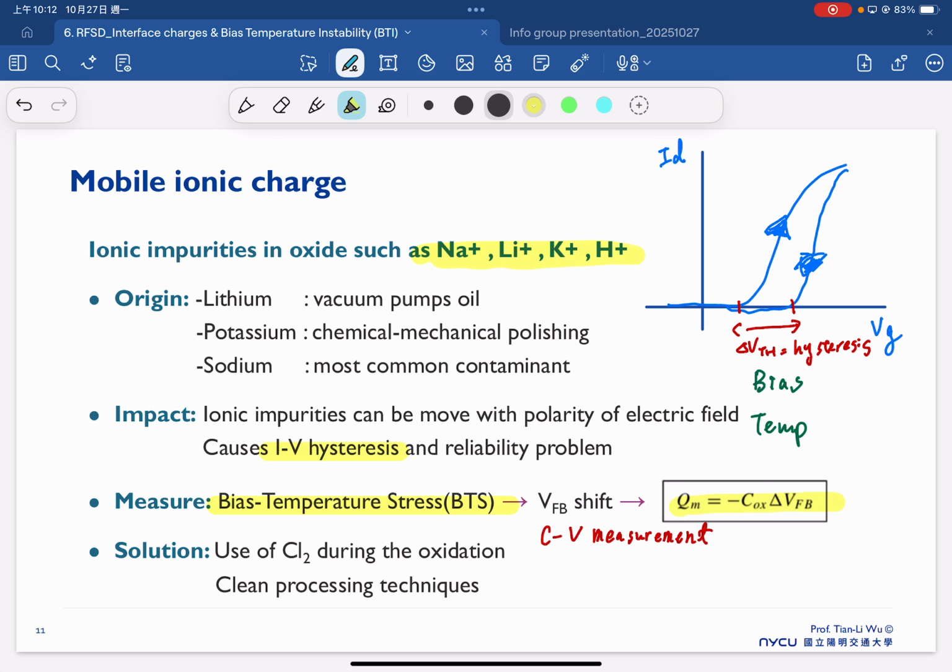So here are several possible solutions just for your reference, but to be honest, this can probably only be effective in the case of silicon with SiO2 and very old technology, because nowadays the different process and different dielectric will cause a different possible way to minimize this mobile ion charge.